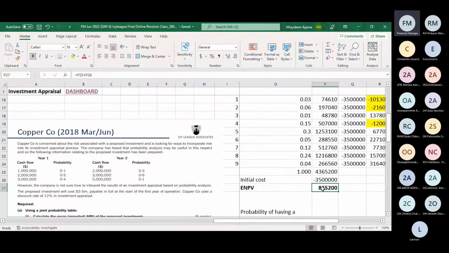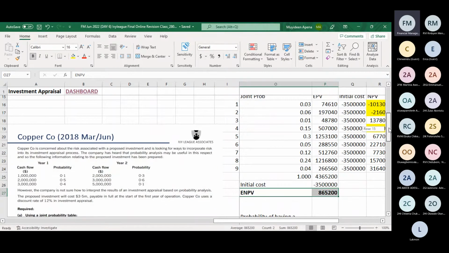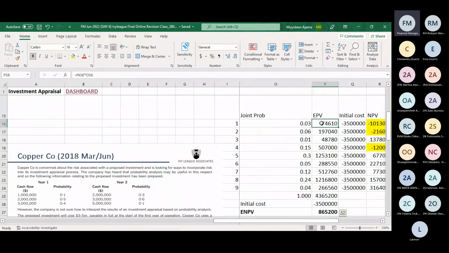So the 8 marks is not going to be awarded to you on just this final answer. The 8 marks will be awarded to you on this demonstration you have done. Each expected value you have calculated here, you will be rewarded for it. Did you get that? Yes, sir. Each of those expected present values you have calculated, you will be rewarded for it. That's what I'm trying to say.